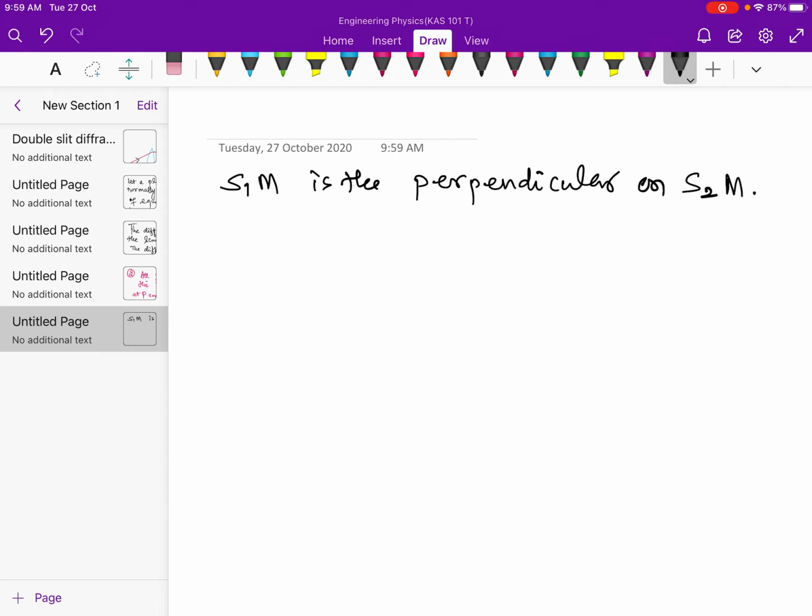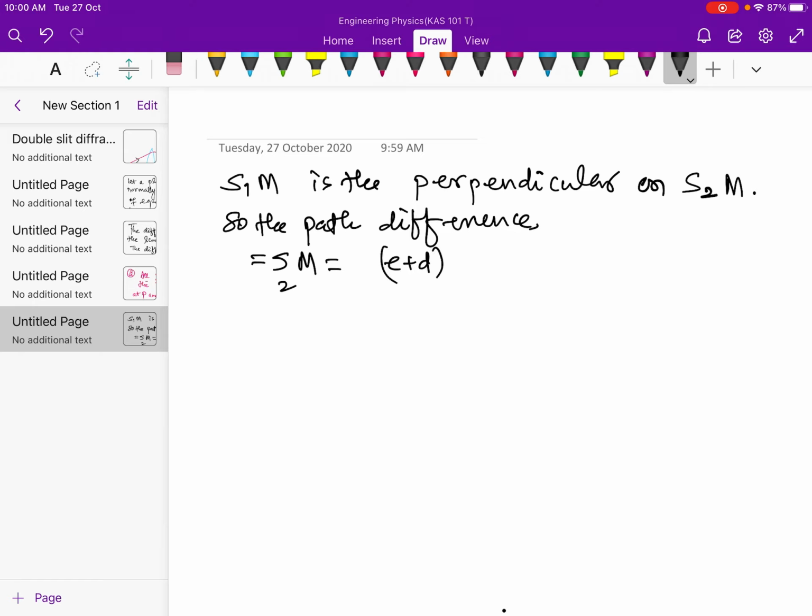So the path difference S2M is equal to (e plus d) sin theta. This is your equation number 1, where e plus d is called the double slit.